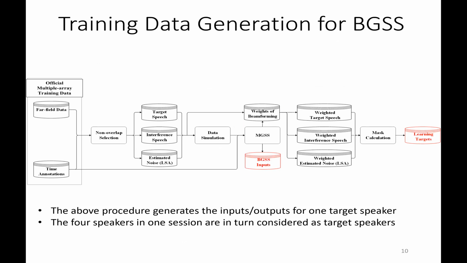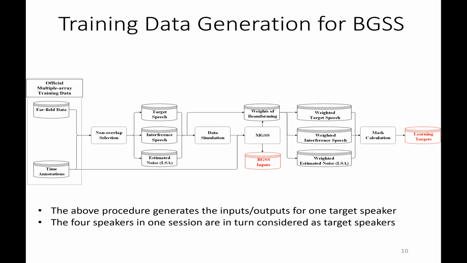This slide shows the training data generation for the BGSS model. Using the far-field training data with the time annotations, we can generate the target speech, interference speech, and estimated noise using LSA for each speaker. Then we simulate the mixed speech followed by MGSS.